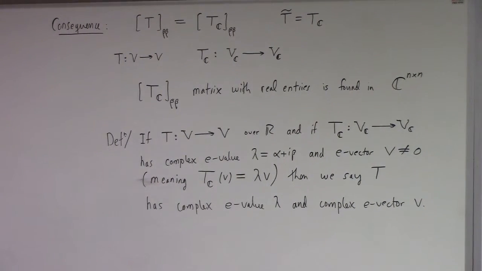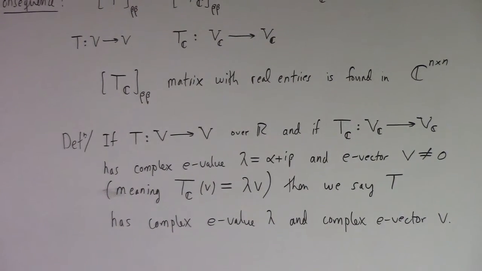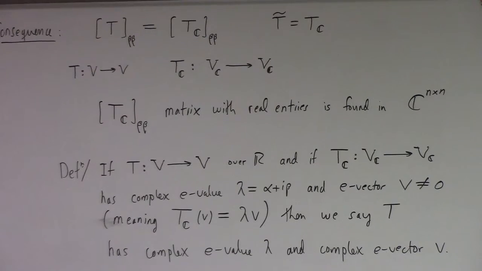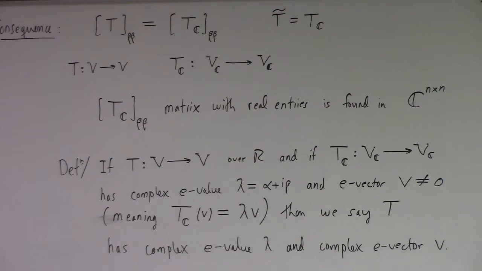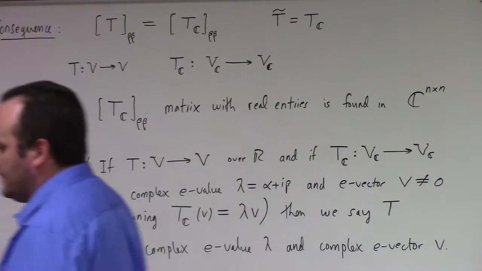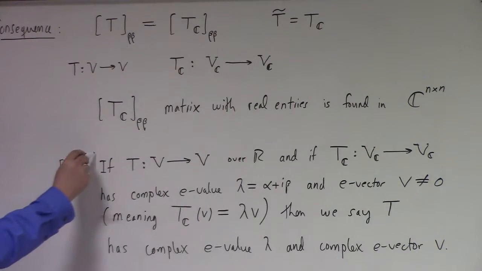My definition is a little bit loose. I would allow a real eigenvector to be a special kind of complex eigenvector in this language, right? But the genuinely complex eigenvectors are the ones that come attached to complex eigenvalues with beta not equal to 0. If beta is not equal to 0, then it's an honest to goodness complex eigenvalue, right? And so that's what we mean by complex eigenvector.